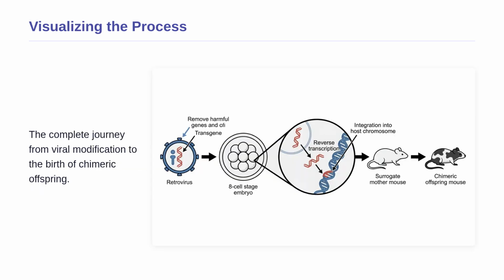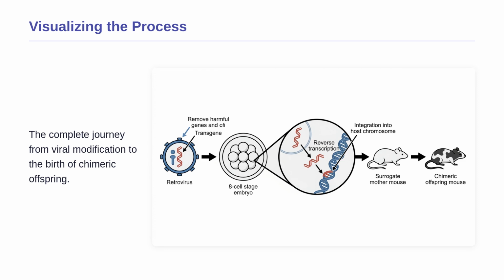Let us bring all these concepts together and visualize the entire process. On the screen, you can see the complete journey of our engineered retrovirus. Starting on the left, the harmful genes are removed and replaced with our RNA transgene. This modified virus is then introduced to an 8-cell stage embryo in a petri dish. Notice the magnified view of the cell.